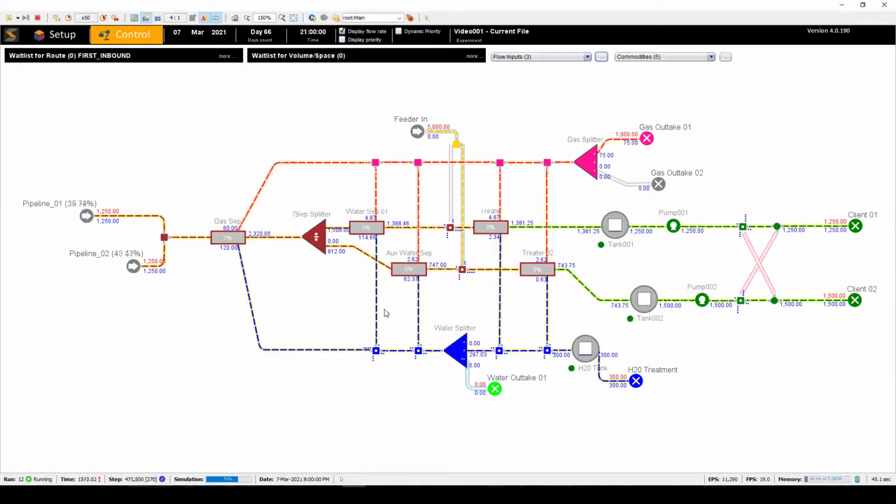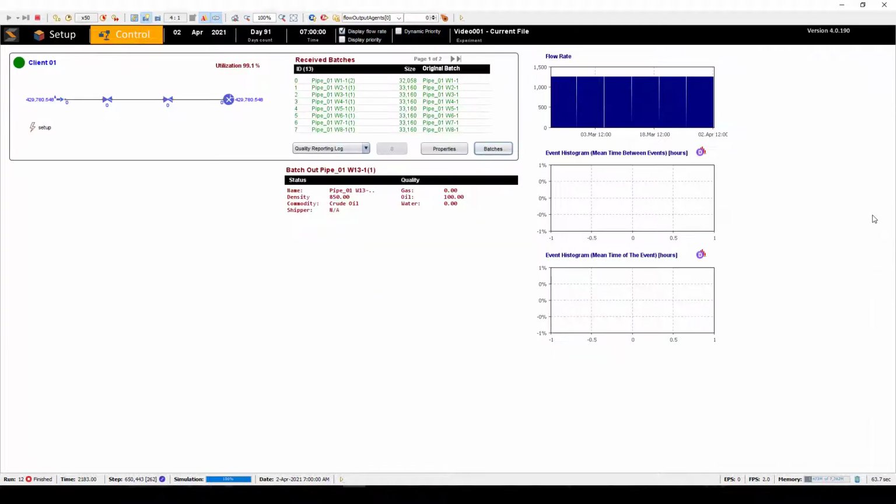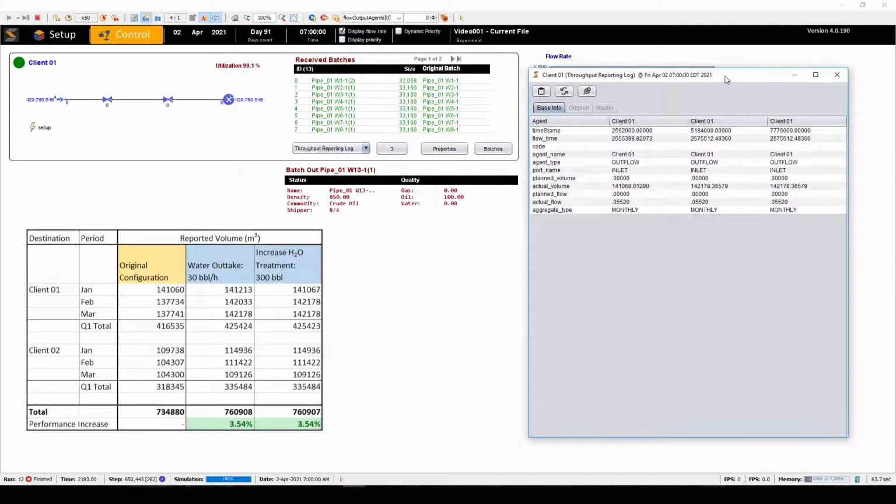If we fast forward to the end of our simulation, we can go to our outflow data at the client level, go to our throughput reporting log, and verify that yes, we are still improving upon our original configuration by 3.54%.